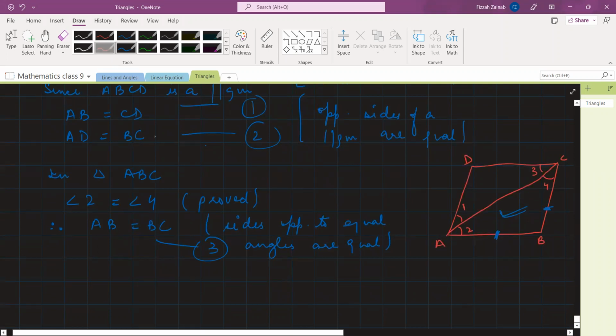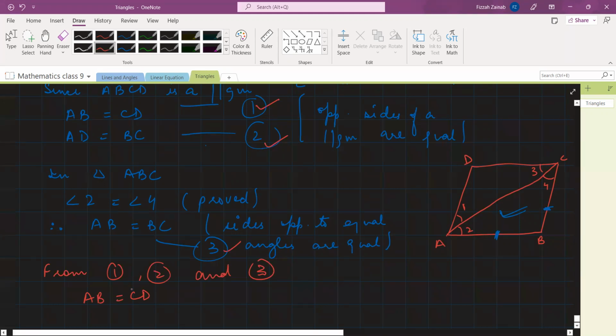Now you look at your equation 1, 2, and 3. How will you relate it? You start writing equation number 1. So from 1, 2, and 3. See, first is AB is equal to CD, right? Now where is CD?